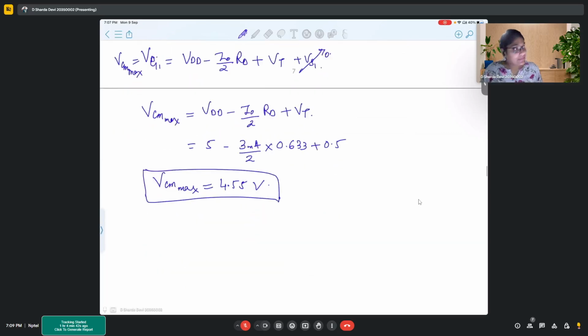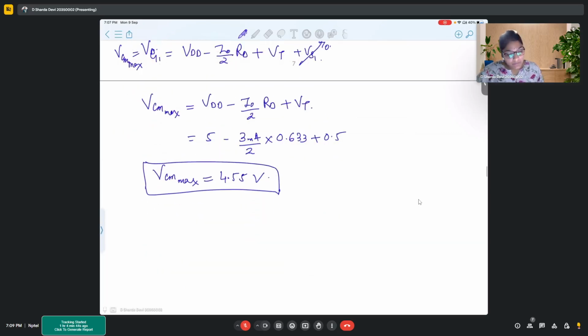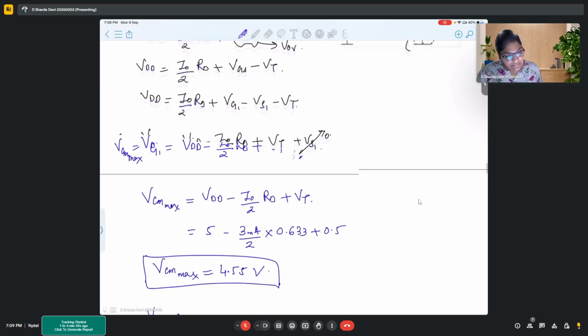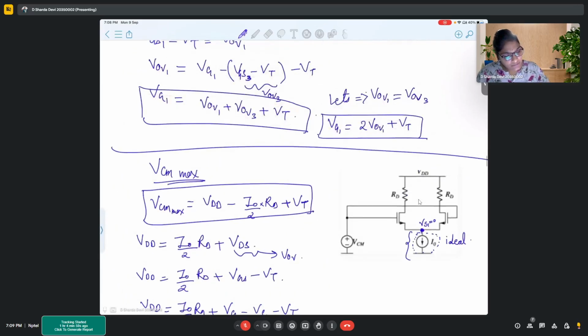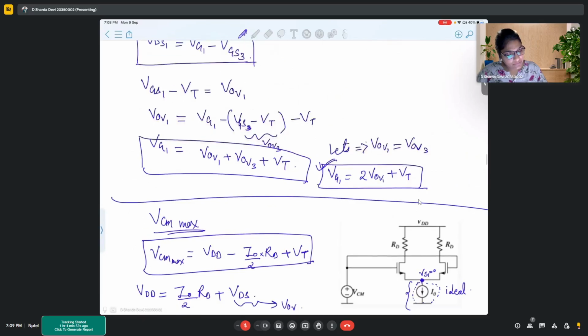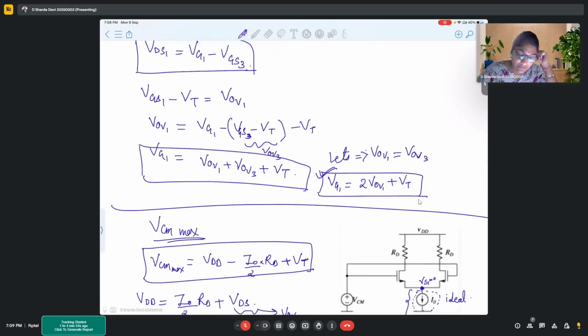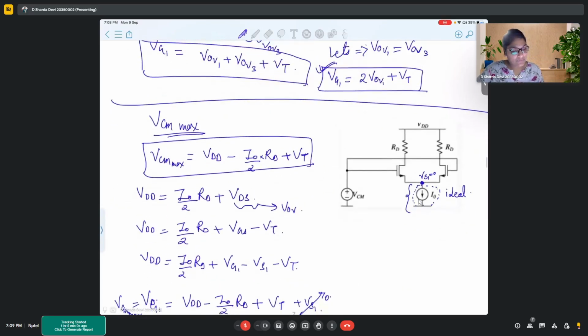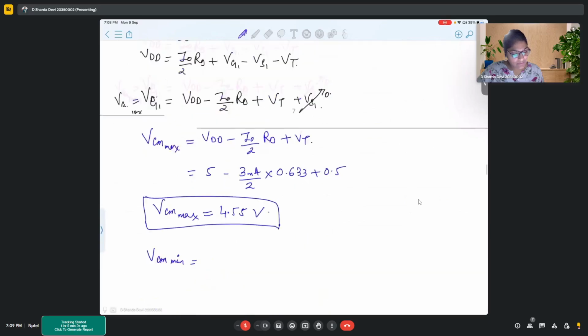Okay. Now, when we talk about VCM min, the VCM min comes from this particular space. This particular formula that we solved, based on VOV, will give us VCM min. So VG1, that is 2 VOV1 plus VT.